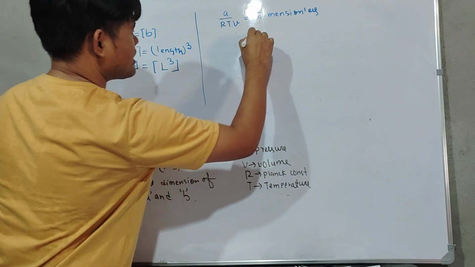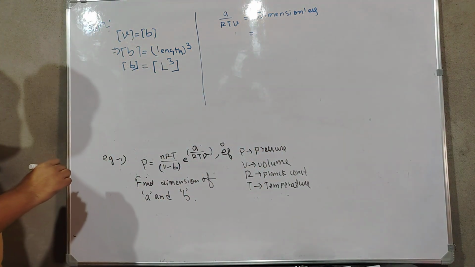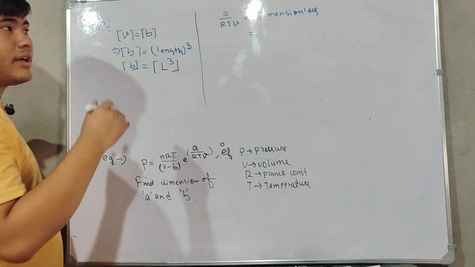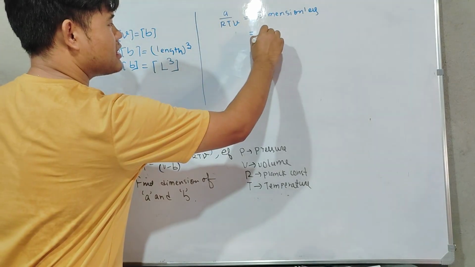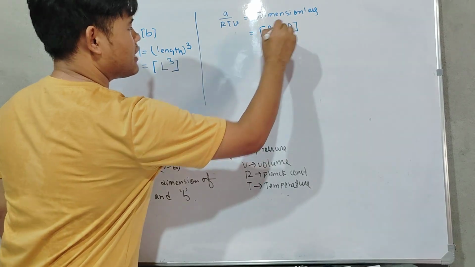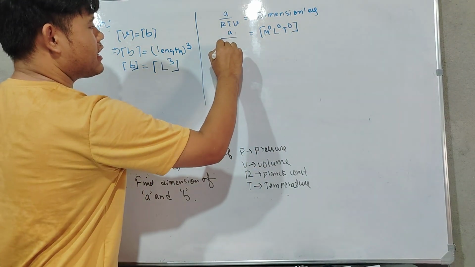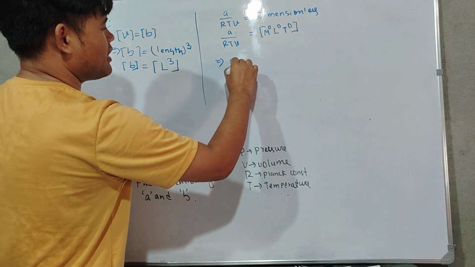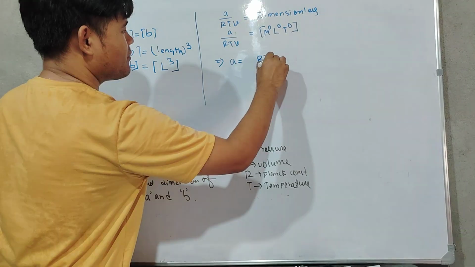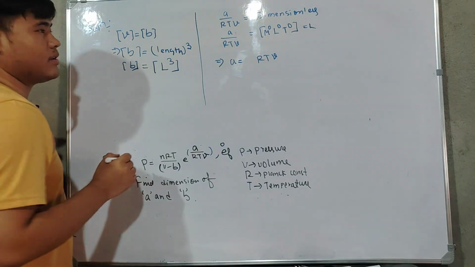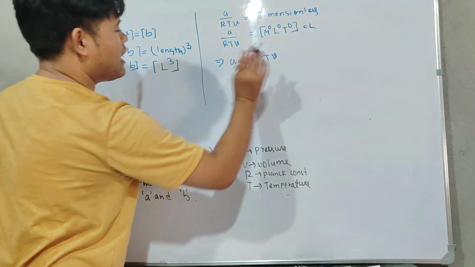Dimensionless does not mean zero; it means the dimension is M0 L0 T0. Dimensionless is like 1 also, so a will be RTV into 1, that is, RTV.